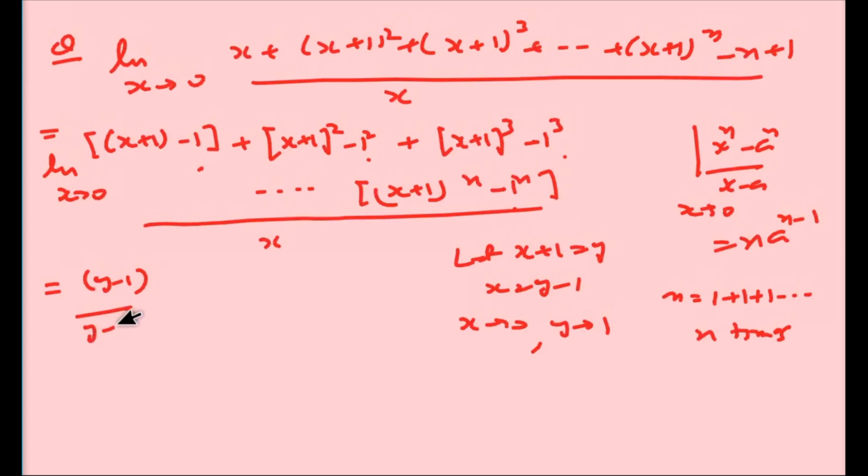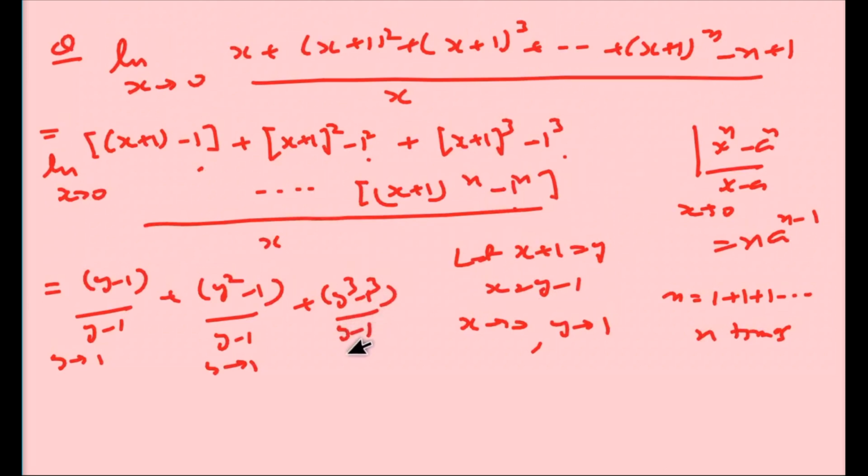So dividing by y minus 1: y tends towards 1, y square minus 1 upon y minus 1, plus y cube minus 1 cube upon y minus 1, y tends towards 1, plus dash dash dash, and the last is y to the power n minus 1 to the power n upon y minus 1, y tends towards 1.